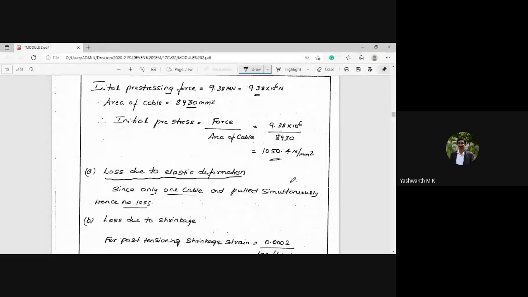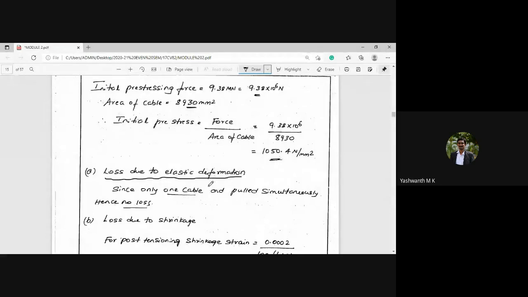So we need to consider case number one, that all the cables are tensioned together. Also, since there is only one cable, I can tension it only once.